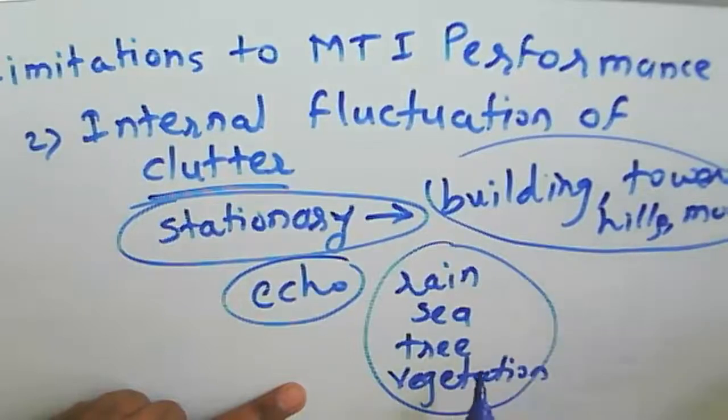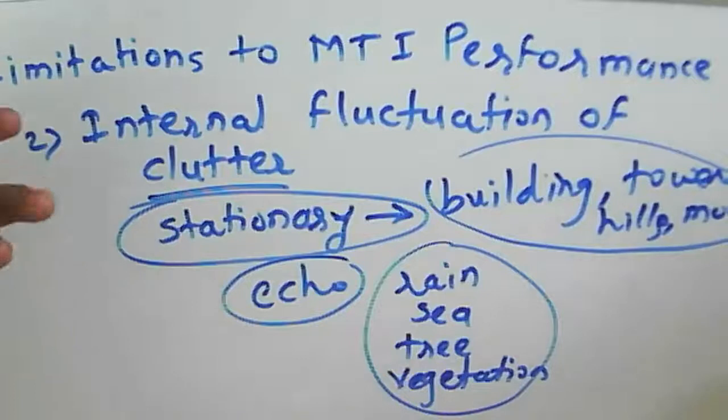But the echo received from rain, sea, and trees will be fluctuating with time. If that echo is fluctuating with time, then there will be limitations, or that will limit the performance of the MTI radar.